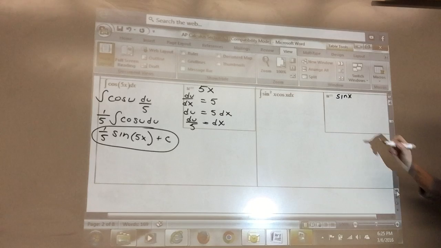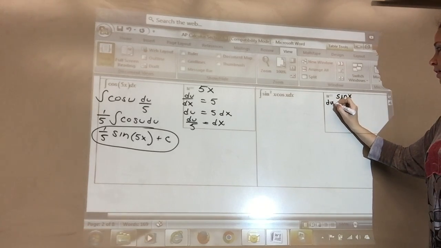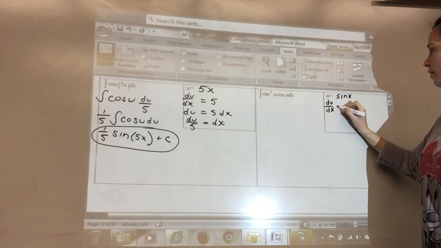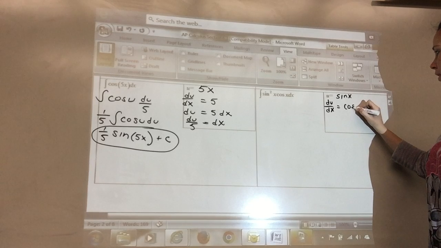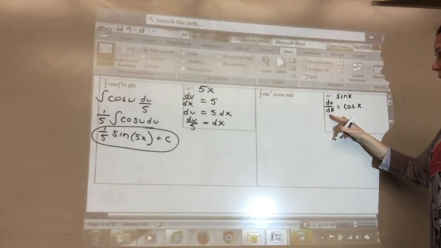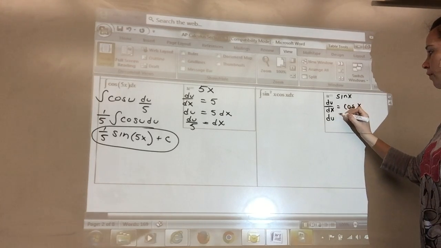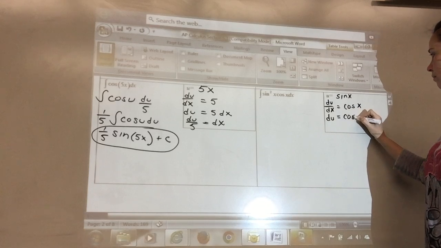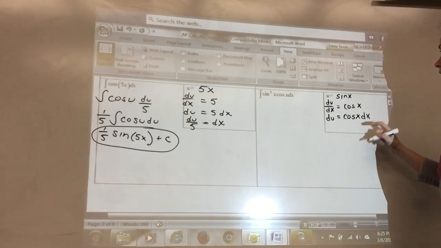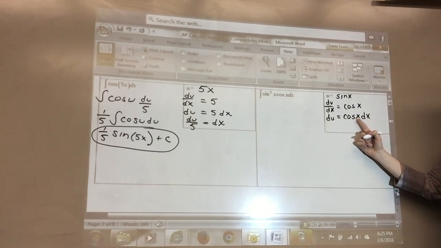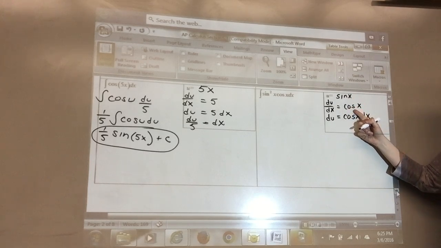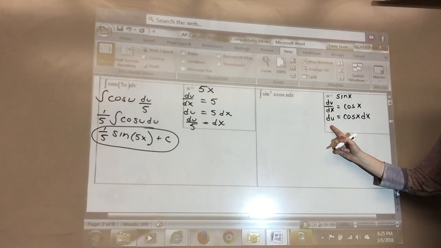Okay? And let's go through my logic. du dx, the derivative of sine, is cosine. When I solve for dx, every time you solve for dx, whatever is next to that dx, whatever you just took the derivative of, doesn't that end up being in the denominator?